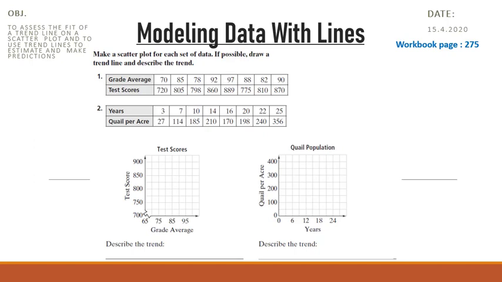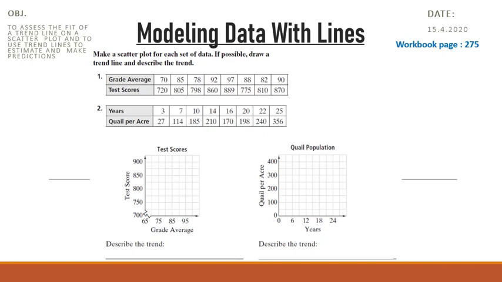How, guys? If it's possible, it will not be possible if there is no association, no clear relationship between the data. You can't draw a trend line in this case.